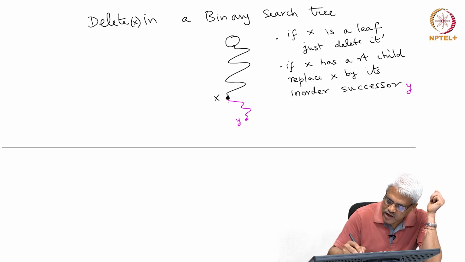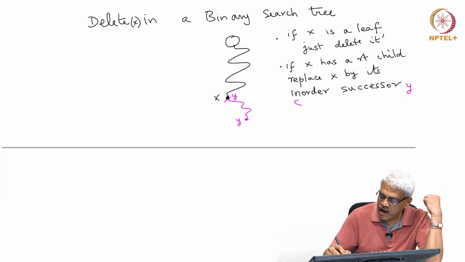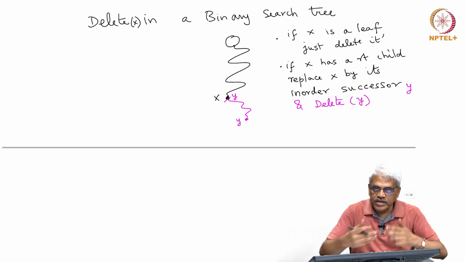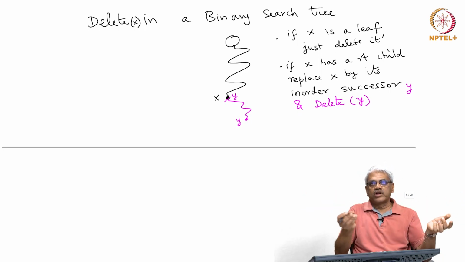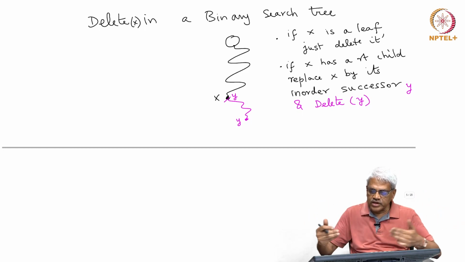So I'm going to take that value y and put it here. x is gone now, and delete y. It's a recursive call. How do I delete y? Apply the same algorithm. If y is a leaf, it's done. Otherwise, do one of the two things I'm going to tell you. That's it. It just continues.